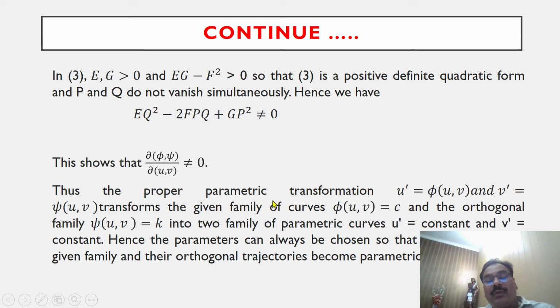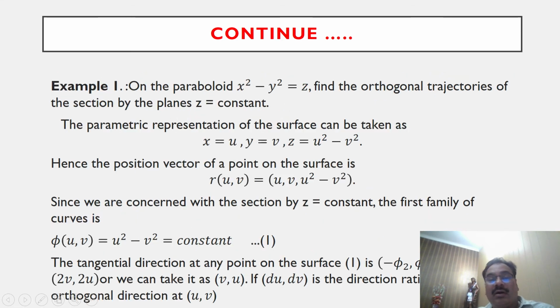Therefore, the proper parametric transformation u dash = phi(u,v) and v dash = xi(u,v) transforms the given family of curves phi = c and the orthogonal family xi = k into two families of parametric curves, u dash constant and v dash constant. So we can say that the parameters can always be chosen so that the curves of the given family and their orthogonal trajectories become parametric curves.